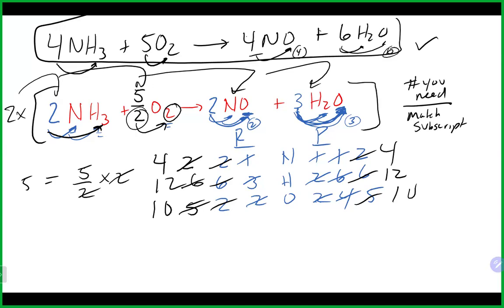So top number you need, bottom number should match the subscript, because in most cases like this, you will have a diatomic molecule, an element, and you'll have a subscript. A lot of times that subscript is 2, but that's how you can always choose the right fraction. So again, if you back up to this line here, we needed a 5, so that's why I chose 5 on top. And once again, the 2 is going to be multiplied by it there, so I need a matching number there to leave me with the top number, which is ultimately what I want.